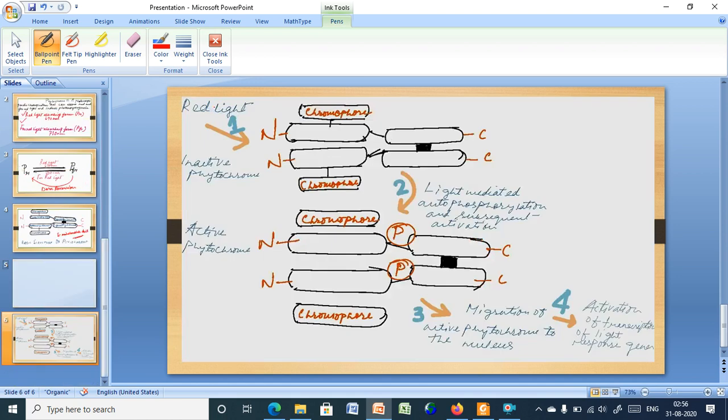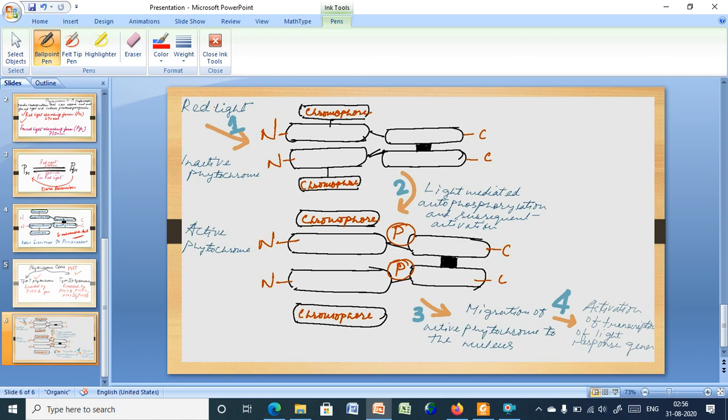Now we consider the mechanism of action, how phytochrome interacts and provides the photomorphogenetic responses.